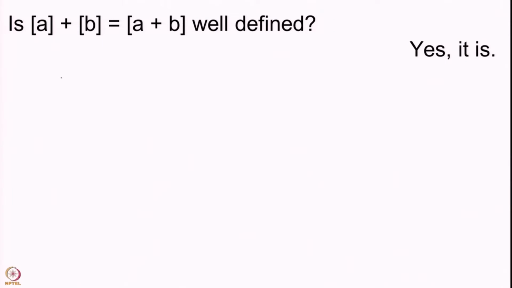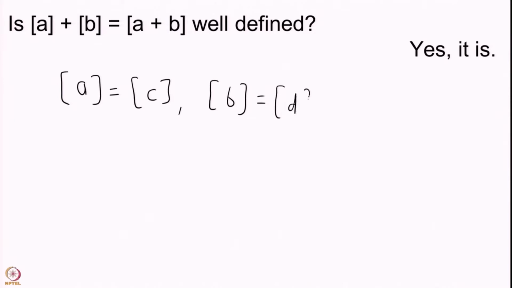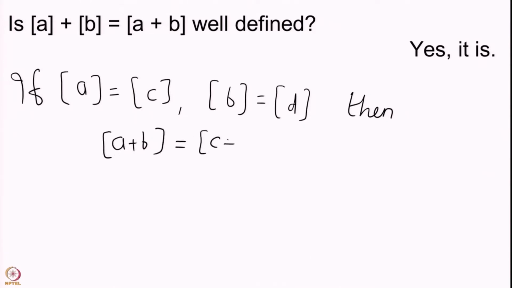What it means is that if you have the class of A to be equal to the class of C and the class of B is equal to the class of D. If these two hold, then we must have that the class of A plus B is the same as the class of C plus D.